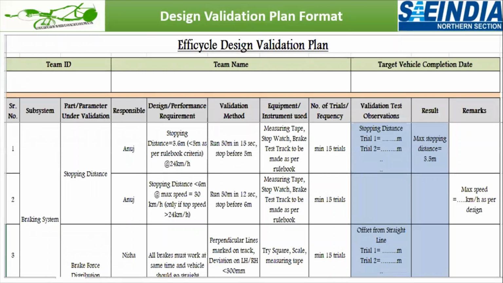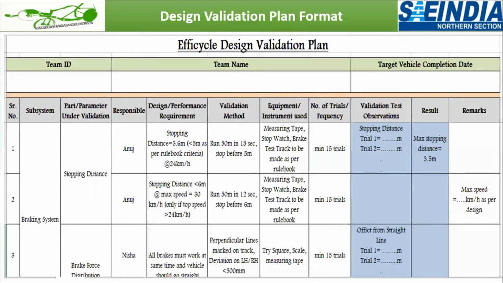Now, the design validation format. This is the standard format of DVP, which you have to fill and submit. Here we have to list the part or parameter to validate, then the responsible person, then the design or performance requirement, then which validation method will be used, then the equipment or instrument, then the number of trials or frequency you will conduct to validate that particular parameter or part.